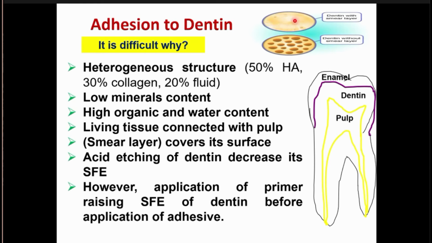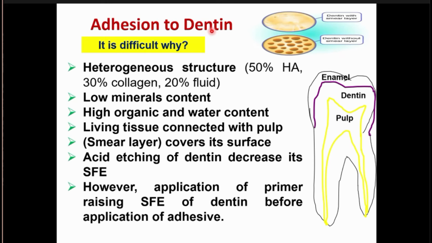This smear layer is a contaminant, which means it will prevent bonding between the material and the tooth itself or dentine itself. So this is why adhesion with dentine is more difficult or weaker.